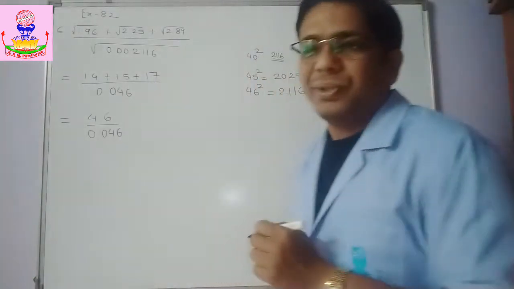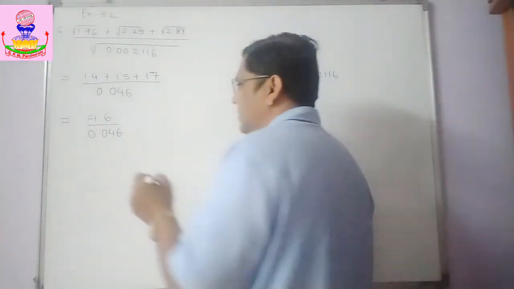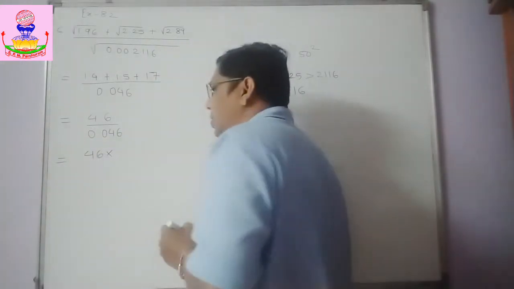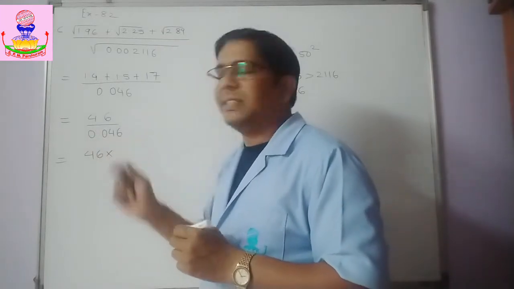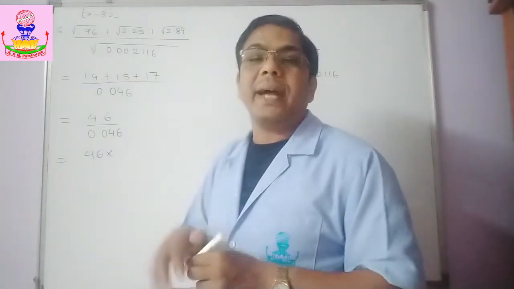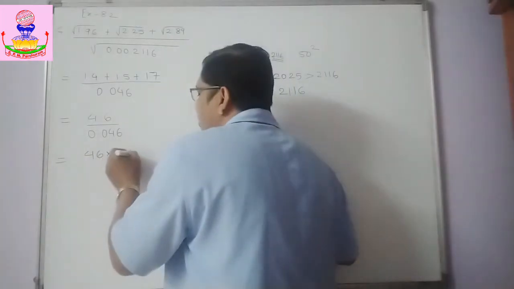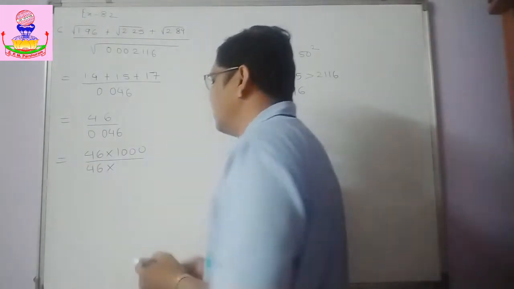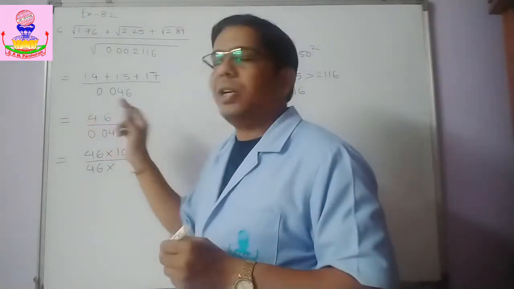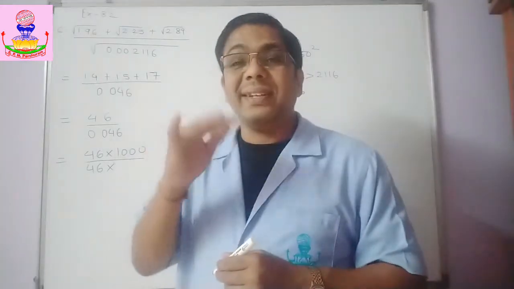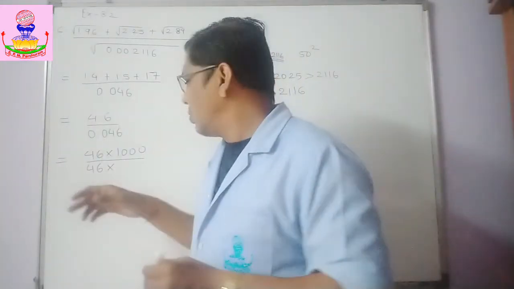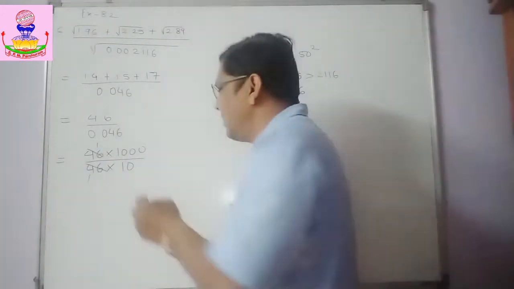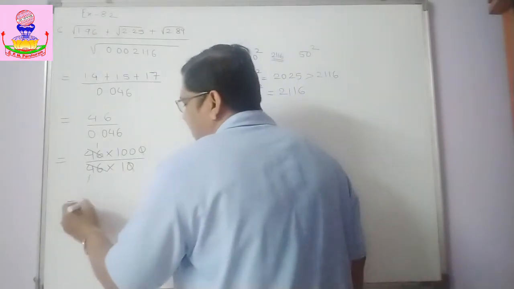0.046. Now what you do? Remove the decimal point. So 46 into, since after the decimal point there are 3 digits, that is 1000, and that 1000 will be multiplied in the numerator, divided by 46 into, where after the decimal point there is only one digit, so your 10 will come to the denominator. 46 ones are 46, the 10 gets cancelled, so left is 100.